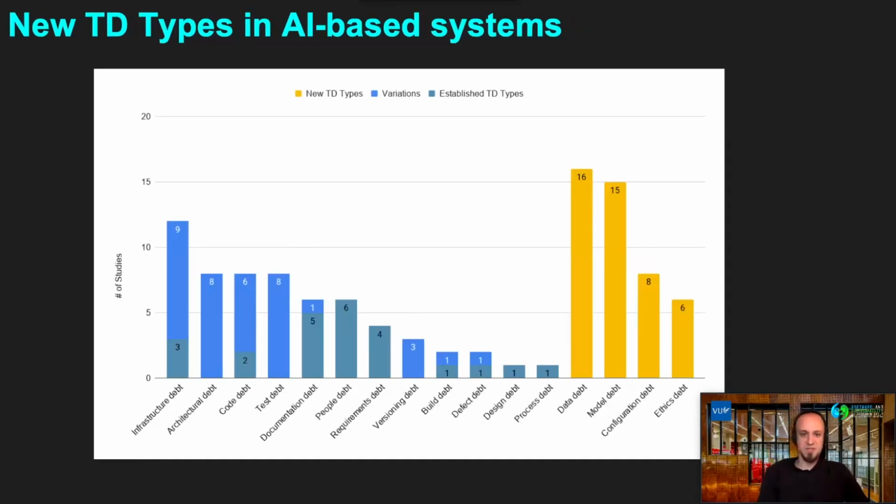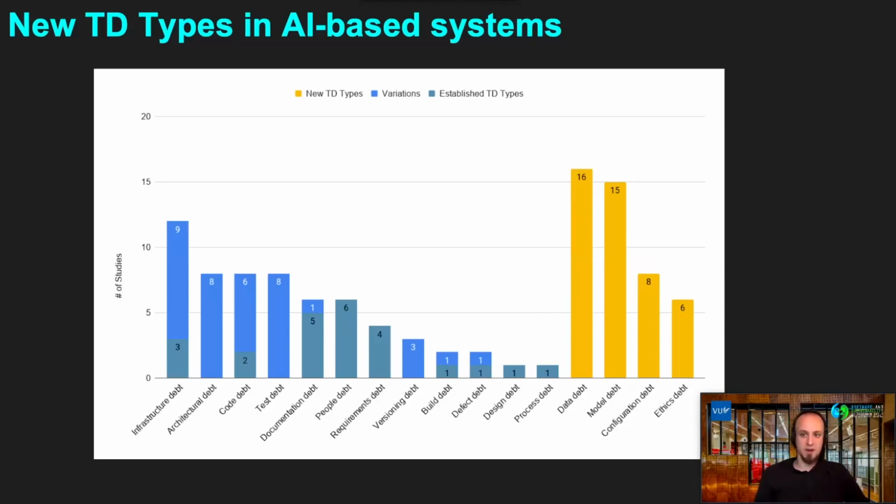In our study, we also identified 4 new debt types, the first one of which is data debt, which regards the collection, management, and usage of data, both for training and production. This type of debt can be hard to detect and poses a risk on the long-term evolution of an AI-based system.